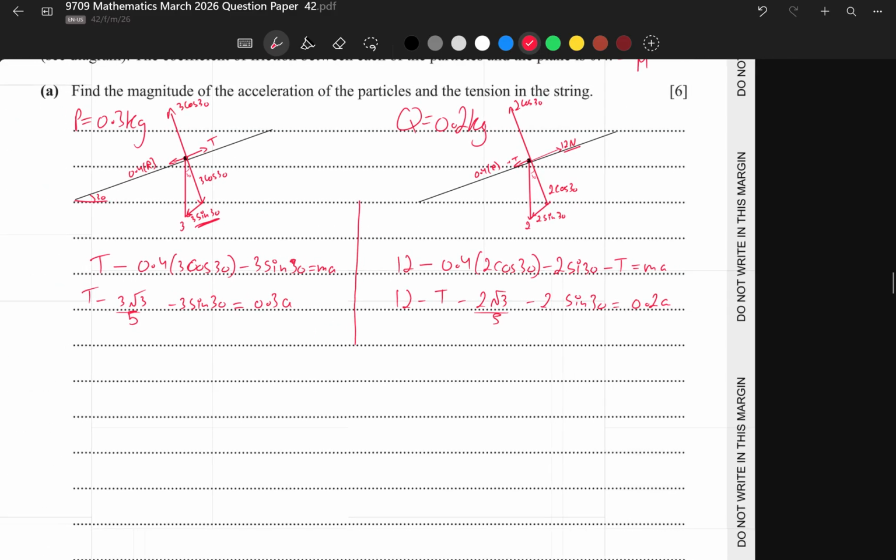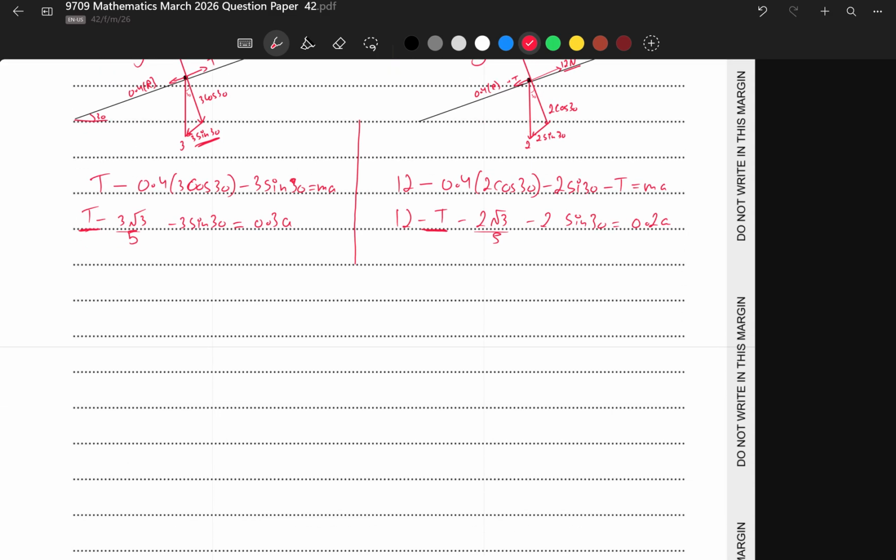Now if you add both equations, this equation has a positive T and this has a negative T. If you add these, you will get 12 minus 3 whole root 3 divided by 5 minus 2 whole root 3 divided by 5 minus 3 sin 30 minus 2 sin 30 is equal to MA, which is equal to 19 minus 2 whole root 3 divided by 2, which is equal to MA.